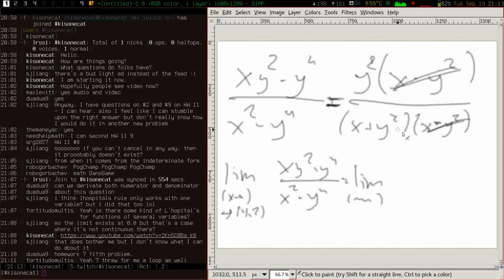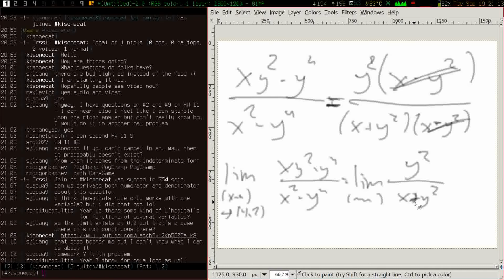This is not, strictly speaking, the same as this, because this thing is defined at places that this thing isn't. But in terms of the limits, they're going to be equal because this thing agrees with this thing for values of (x, y) that are close to 4, 2. So these limits will agree.